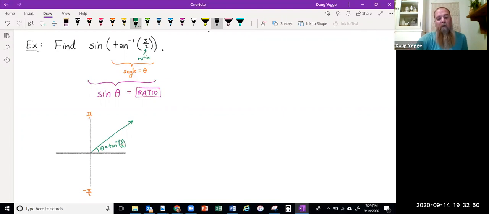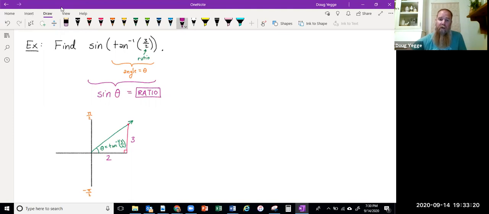And so now I just want to draw my triangle here. I'm just going to drop my opposite side down to the x-axis, forming a right triangle. And now since I see that the ratio is 3 over 2 for tangent, that tells me that the opposite side is 3, the adjacent side is 2, and now I'm ready to find the hypotenuse.